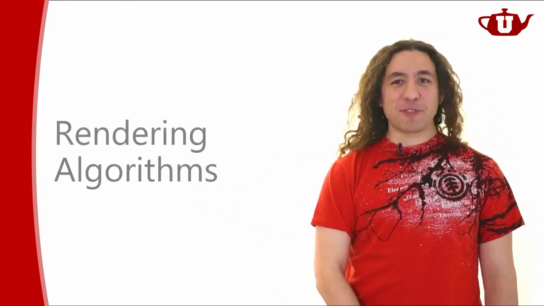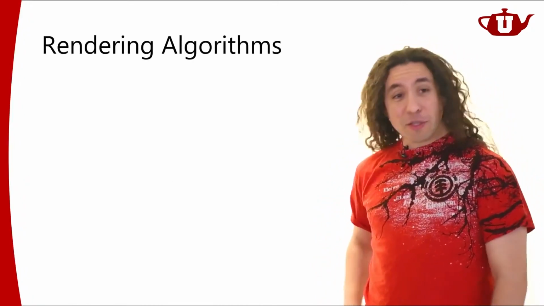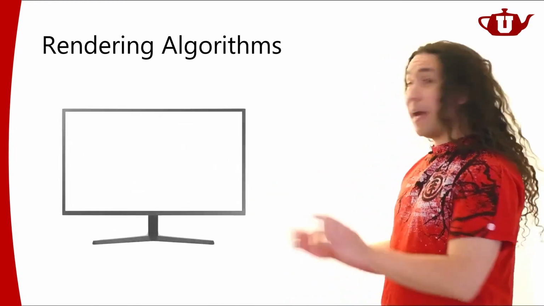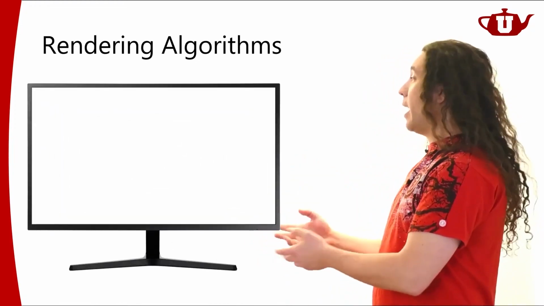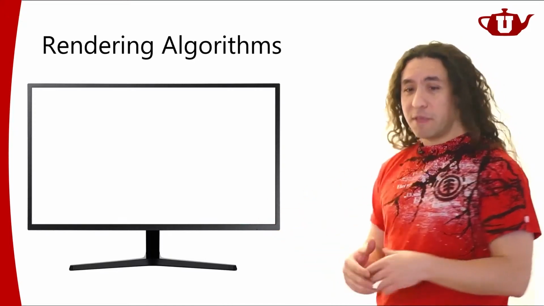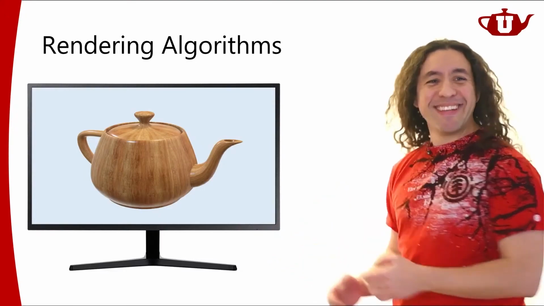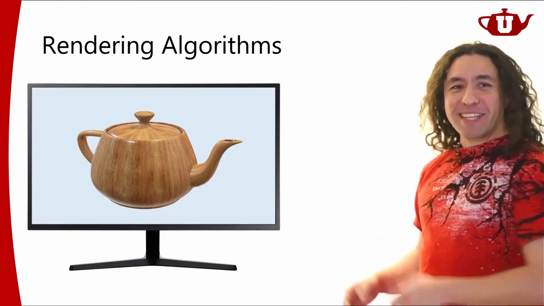Rendering algorithms. So what are we trying to do with rendering algorithms? The goal is that I have this screen, and I would like to create some image on this screen, right? An image of some virtual object. Let's say Utah Teapot. Why not? Let's say I want to create an image like this.